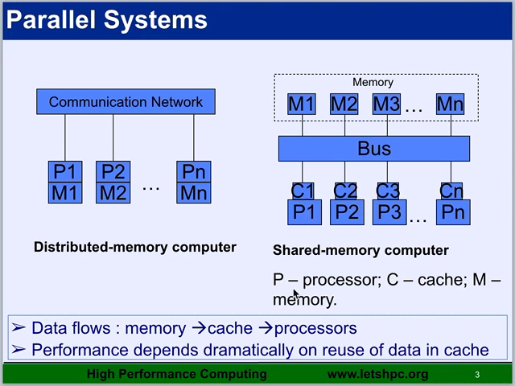So the performance of a code very much depends on how well we can optimize this whole flow, that is from memory to cache to processors. We have also discussed how performance depends significantly on the reuse of data in cache, and also the size of the cache also matters.